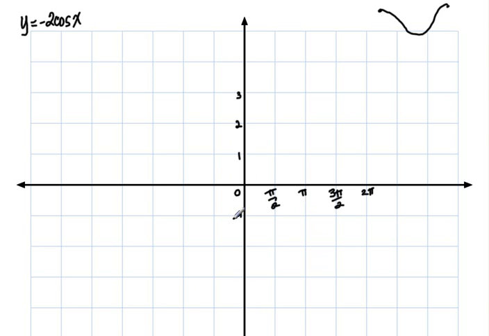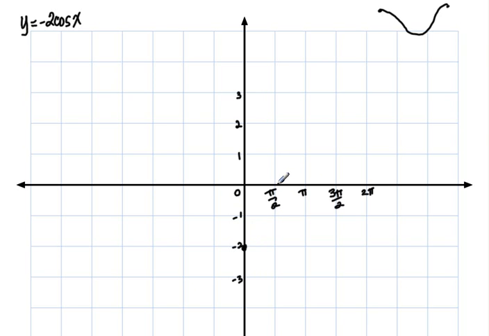But now, since we're multiplying by a factor of negative 2, our graph is going to be reflected as well as stretched vertically. So cosine of 0, when we input, is 1, but multiplying by negative 2 takes us down to negative 2. Okay. What happens at pi over 2?